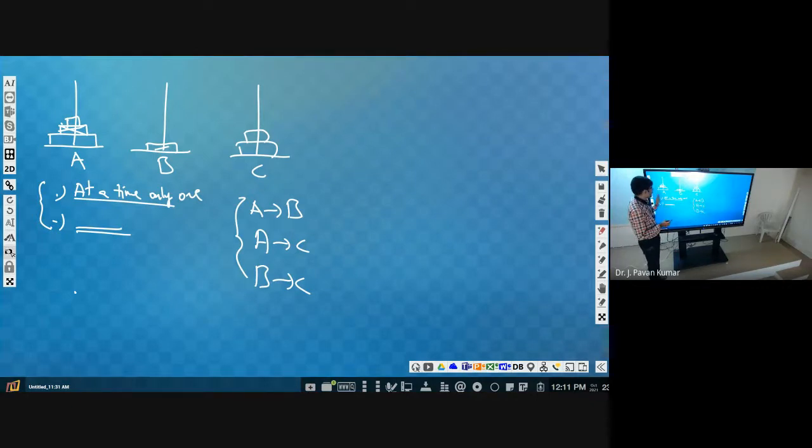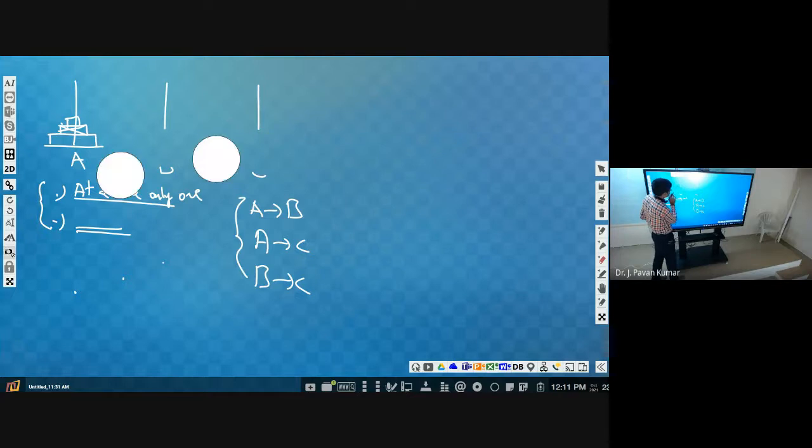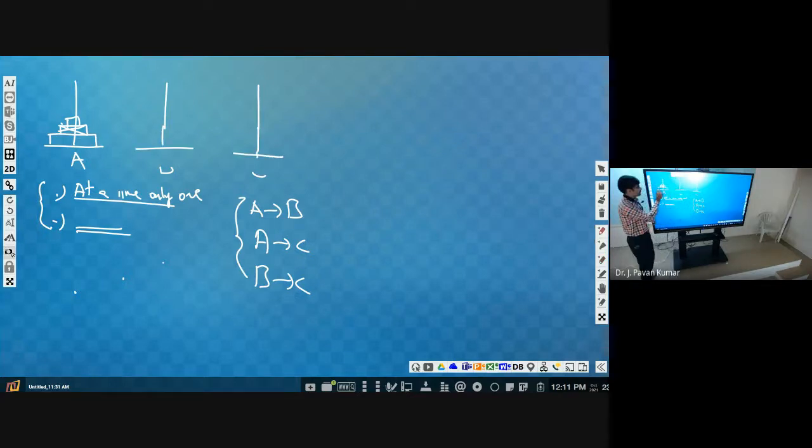Now consider 3 boxes. We want to move 3 boxes to C. We are having all 3 here only. This is the initial setup. Steps are 7, most of the people told. What are those steps?